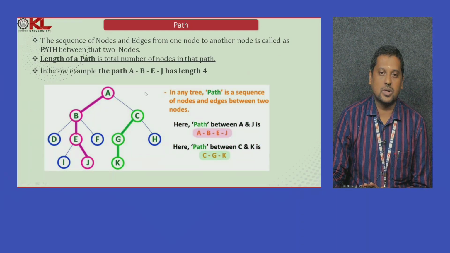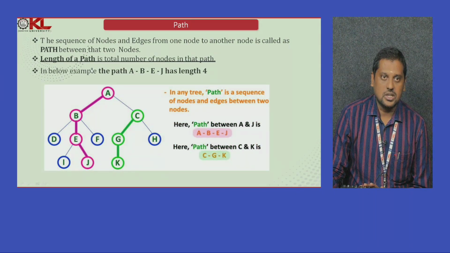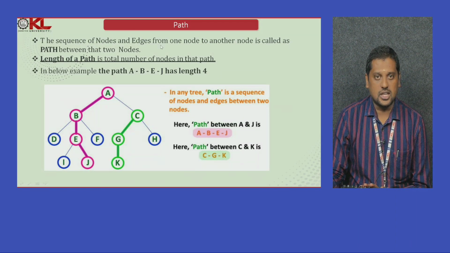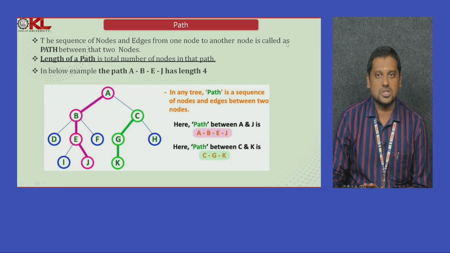Next, we have to calculate the path. The sequence of nodes and edges from one node to another node is called the path between those two nodes. The length of a path is the total number of nodes in that path.